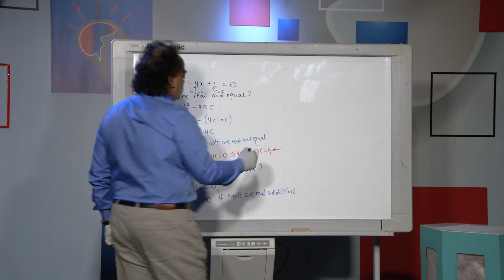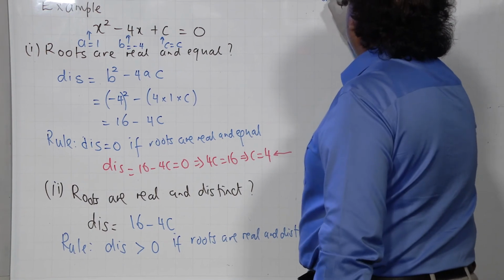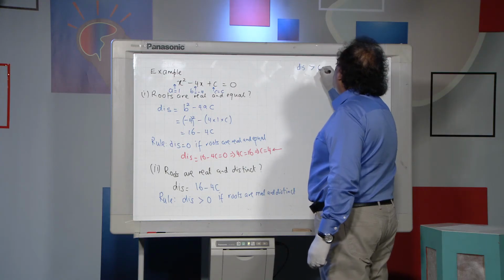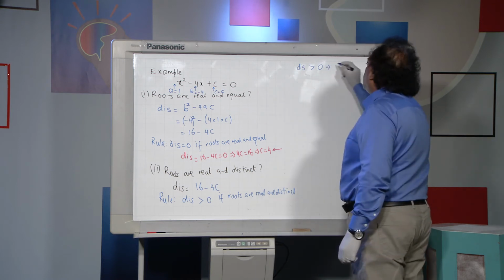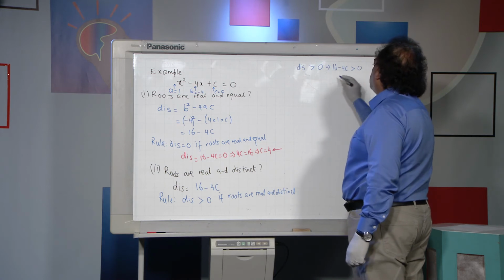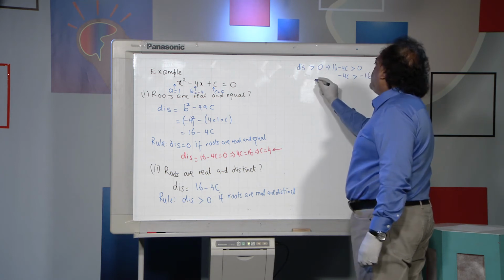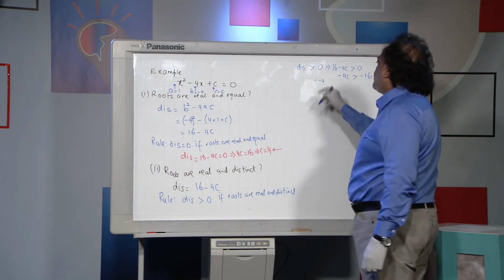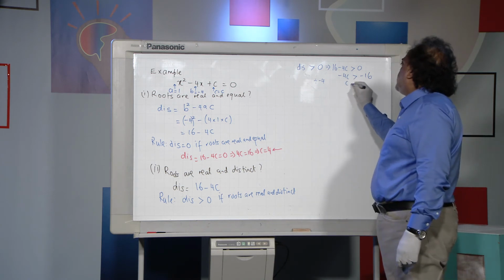So I'm going to solve the inequality, discriminant is greater than 0, which gives me 16 minus 4C greater than 0, minus 4C greater than minus 16. I divide by minus 4. Remember, when we divide by a negative number, the inequality sign is reversed.